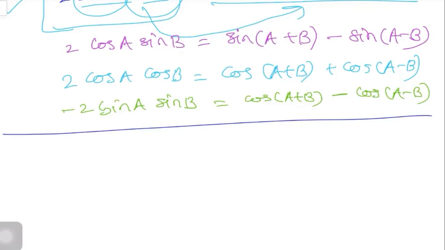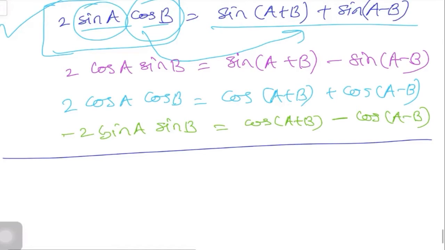You all must know these four formulas. We are going to use them very frequently. One can remember these formulas by using this chart. The first term will be a plus b, then the next will be a minus b.